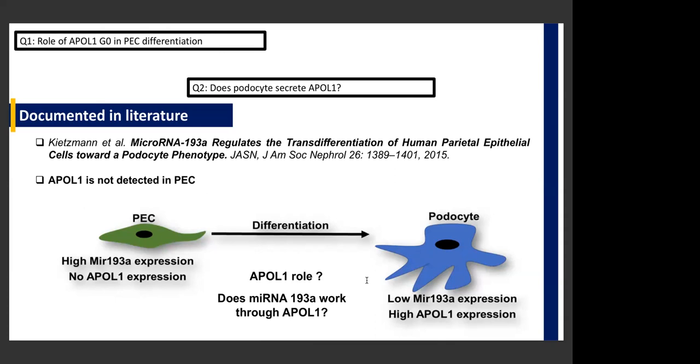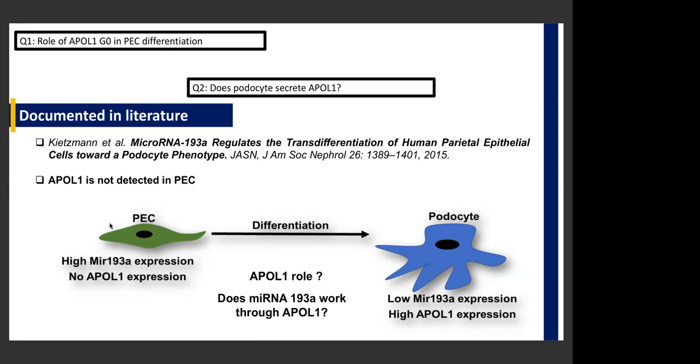If we see the literature in 2015, Kersman et al. from Germany presented a paper where they showed that microRNA 193a regulates the transdifferentiation of human parietal epithelial cells into podocytes. And the literature says that parietal epithelial cells don't have APOL1.